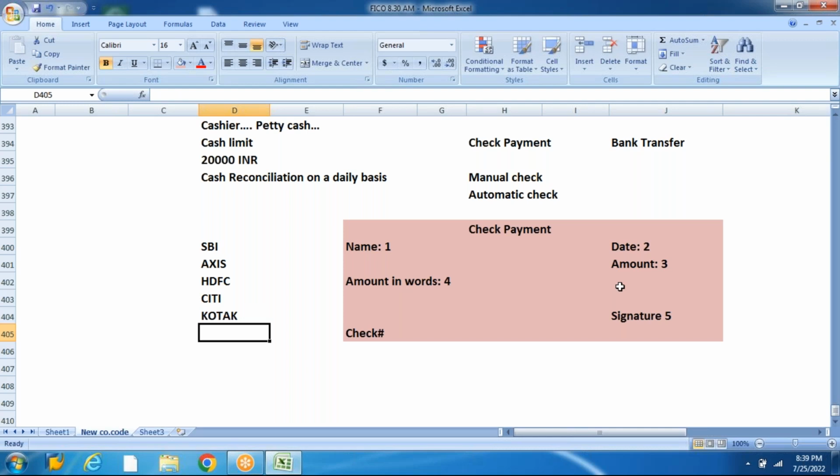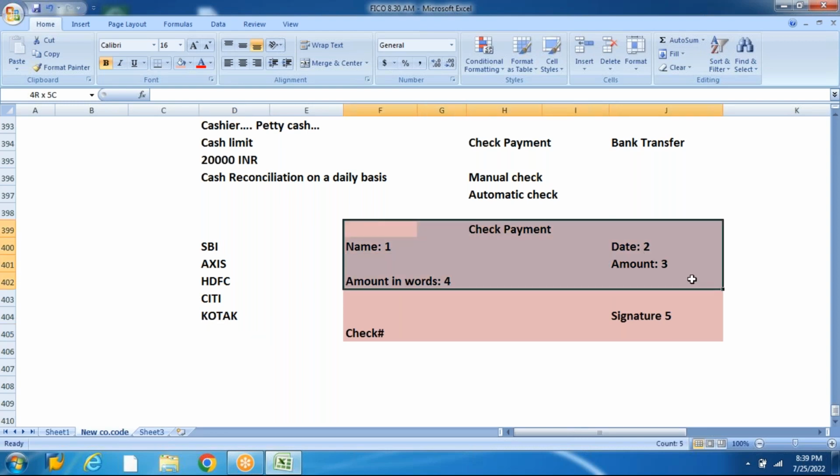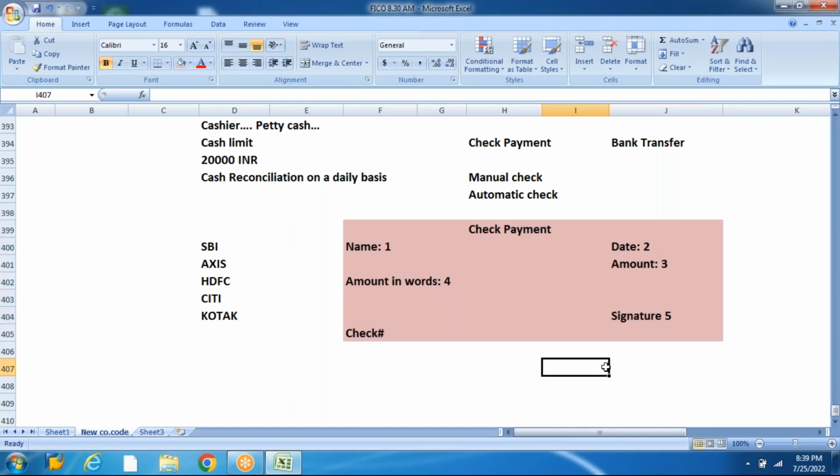Earlier, every bank used to have a different check. When I say different, check layout matters and check size matters. Check layout and check size, both are very important when it comes to check payment.